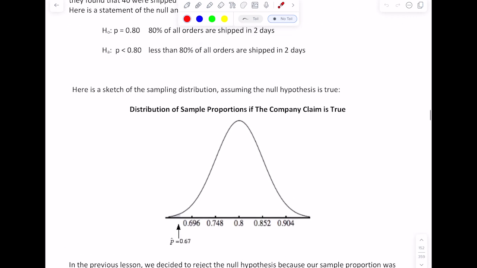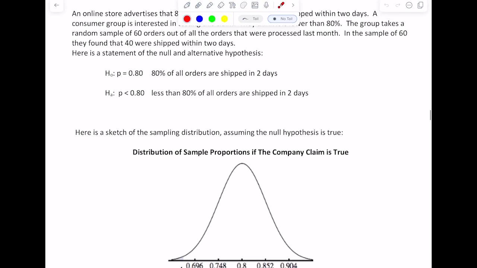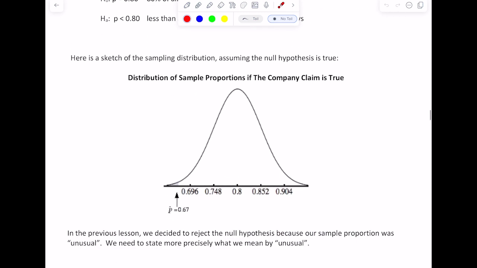We looked at a sketch. So we drew the normal model. And we know it's normal because it passed the 3 conditions. Remember, those 3 conditions are that it has to be random, the 10% rule, and also the success-failure rule. So here's our claim right in the center because that is our average or mean.